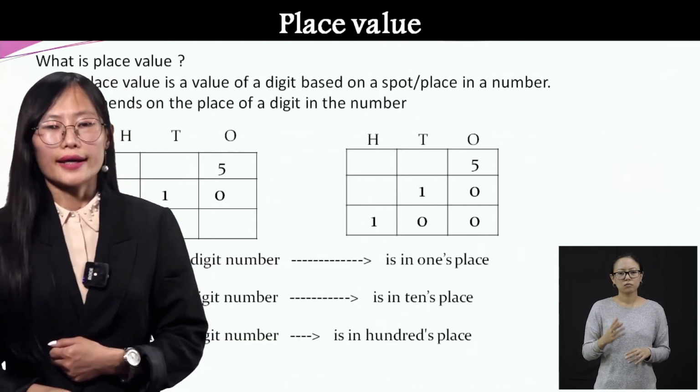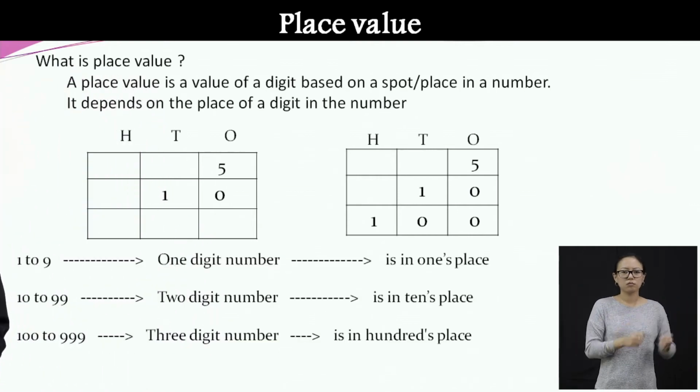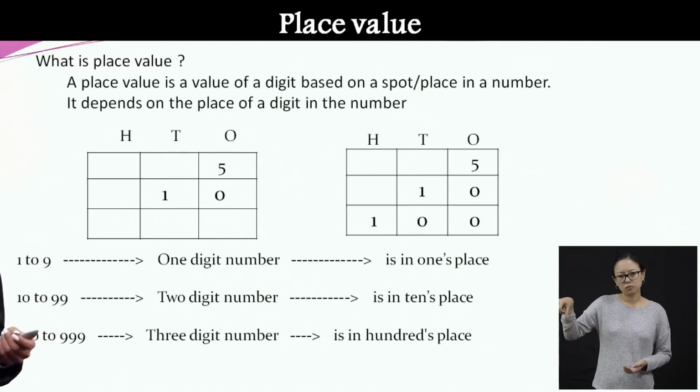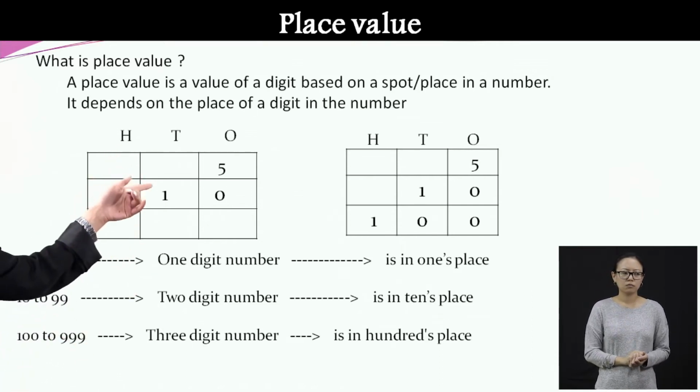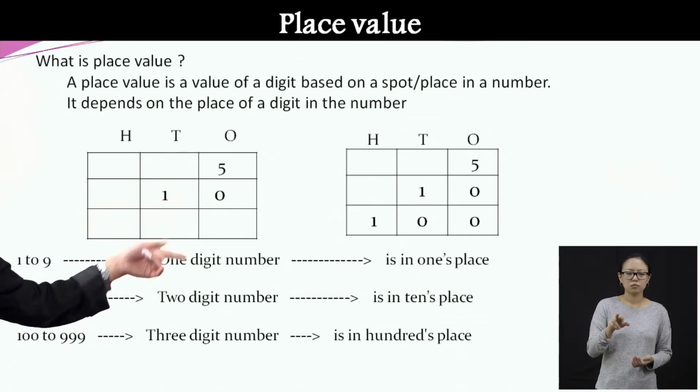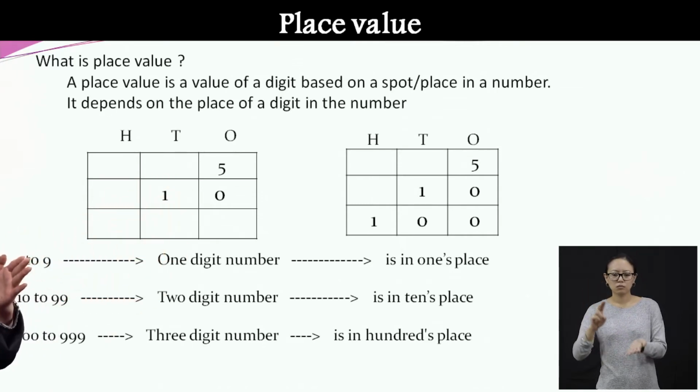Here is another example, 1 to 9: 1, 2, 3, 4, 5, 6, 7, 8, and 9. All these are 1-digit numbers, and so these 1-digit numbers are placed in the ones place. And 9 plus 1 becomes 10.